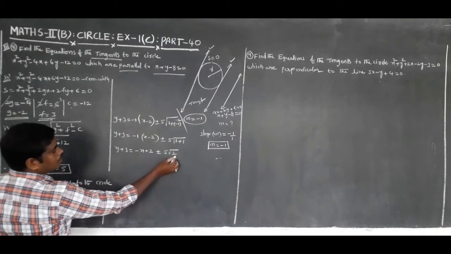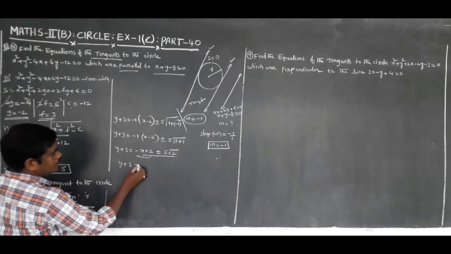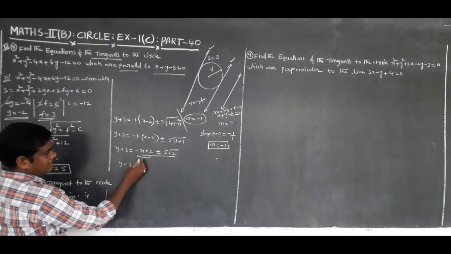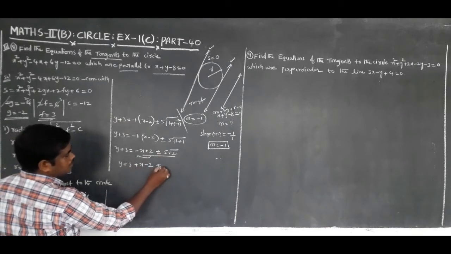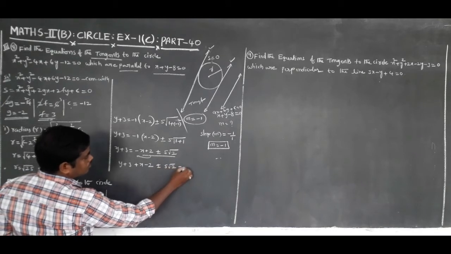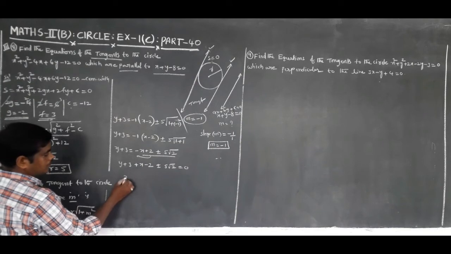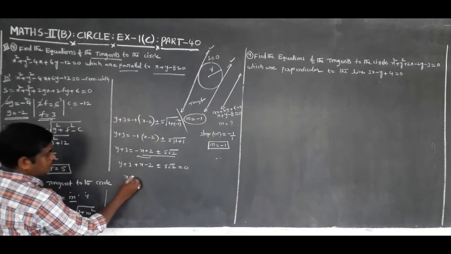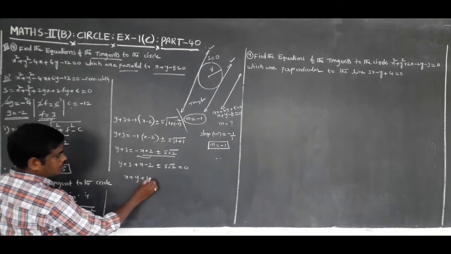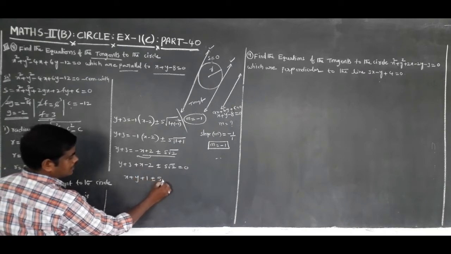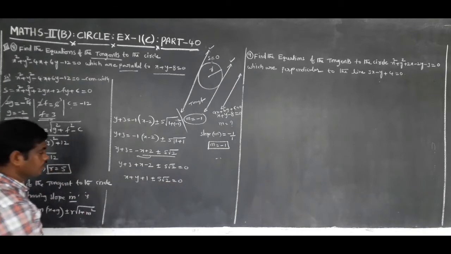Taking all values to the left side: y + 3, taking -x to the left side gives x + 2 - 2 ± 5√2 = 0. Writing in terms of x + y: x + y + 3 - 2 ± 5√2 = 0.